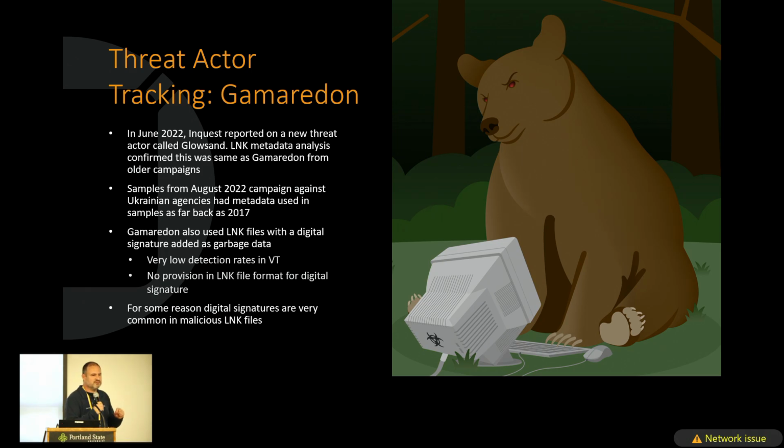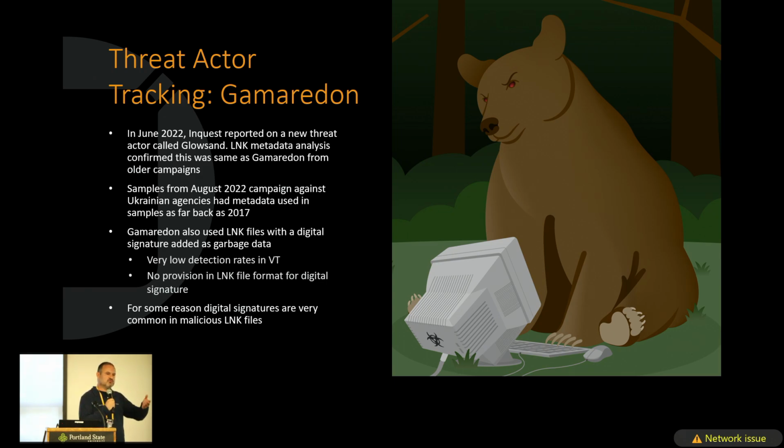So I took these link files from the documents and started looking at the metadata to see how to detect these things, right? One thing I noticed when I looked specifically at the drive serial number for the link files coming from Gamma Radon is that they always have the exact same drive serial number, one single serial number for all the link files used in Gamma Radon attacks. It doesn't matter where it came from. All the link files used to attack Ukraine came from that single machine.